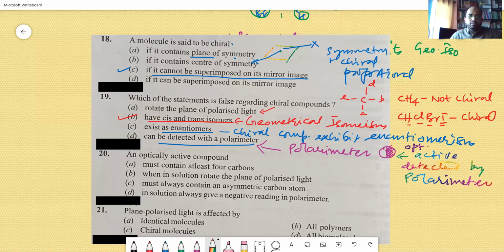Question number 20: an optically active compound must contain at least 4 carbon atoms. That is true because you have to have 4 different groups like this.